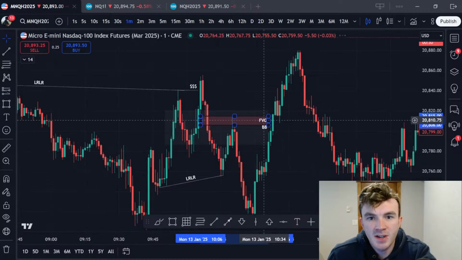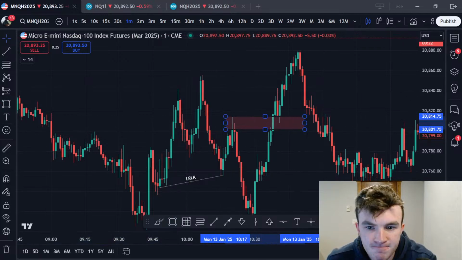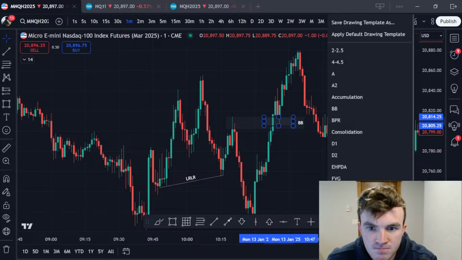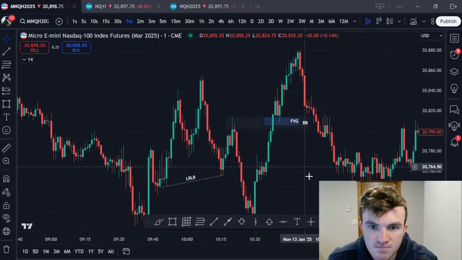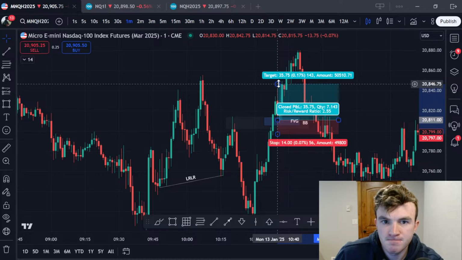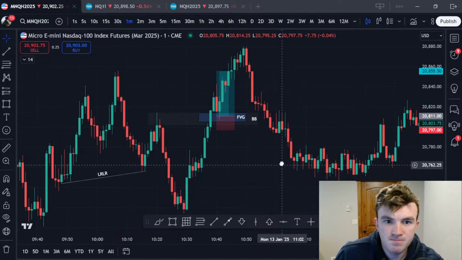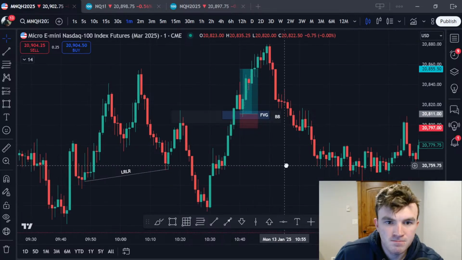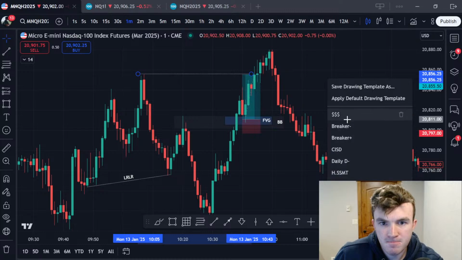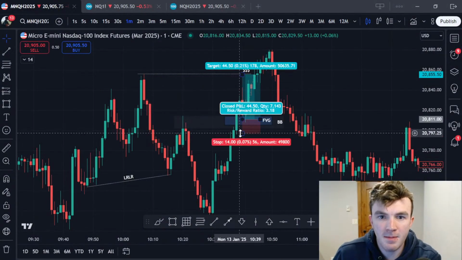It'd be more my style of trade to take this breaker fair value gap right here. I'd probably just put stop loss below the breaker.